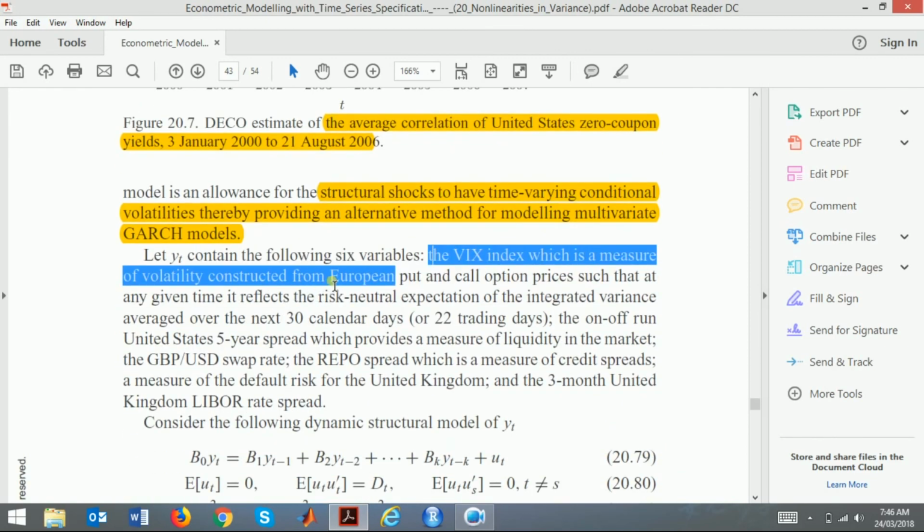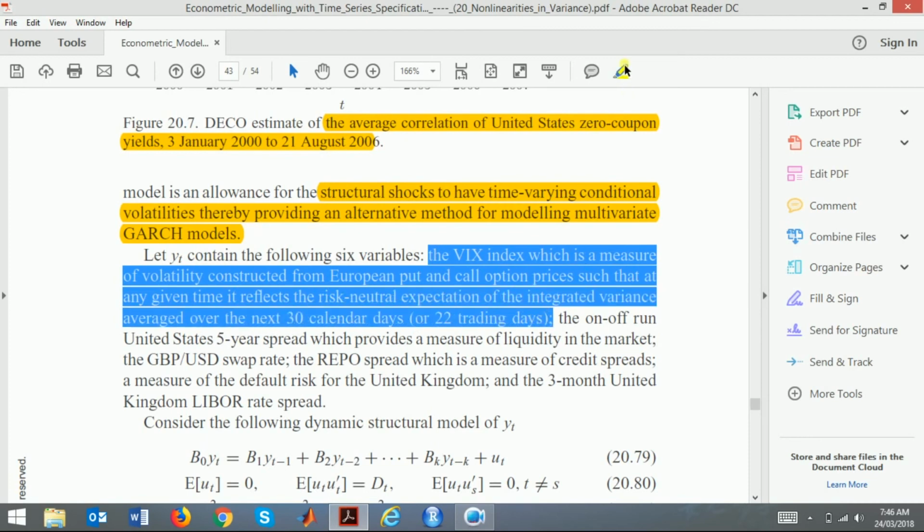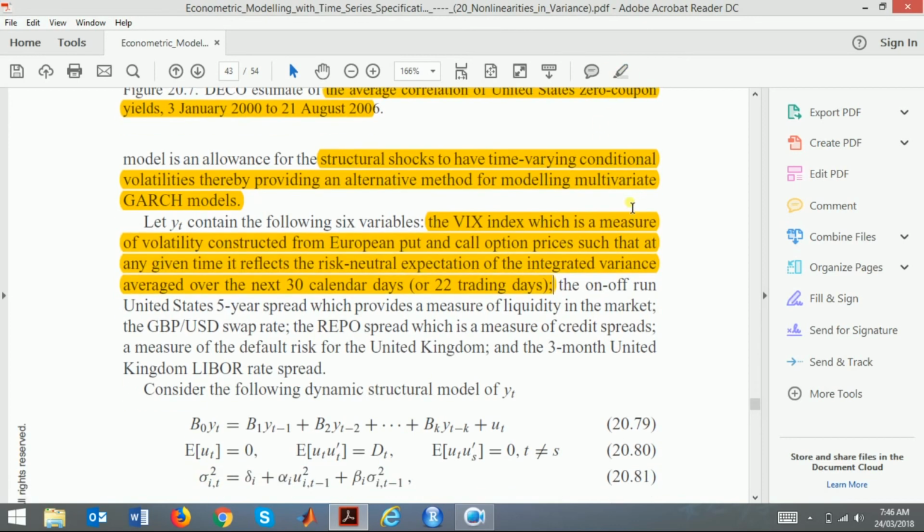The VIX index is a measure of volatility constructed from European put and call option prices, such that at any given time it reflects the risk neutral expectation of the integrated variance averaged over the next 30 calendar days.